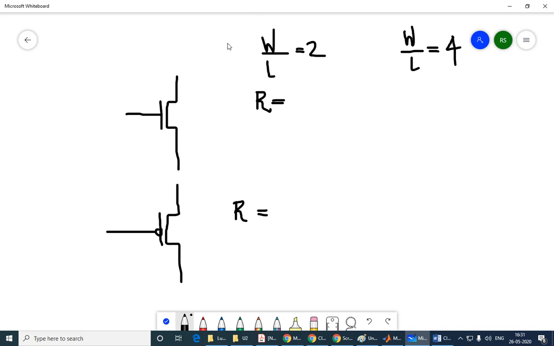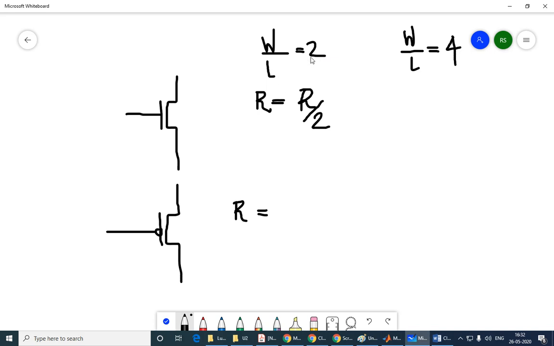W by L equal to 1 is the one that was defined, which means that if we have a new NMOS transistor whose W by L is double, it is going to have a resistance of R, the predefined value, divided by 2. Where did this 2 come from? It's exactly this number. Might not be exact, but the relation is what we are worried about.